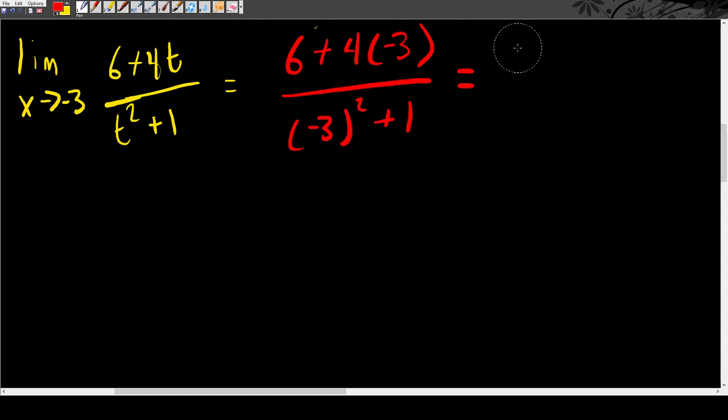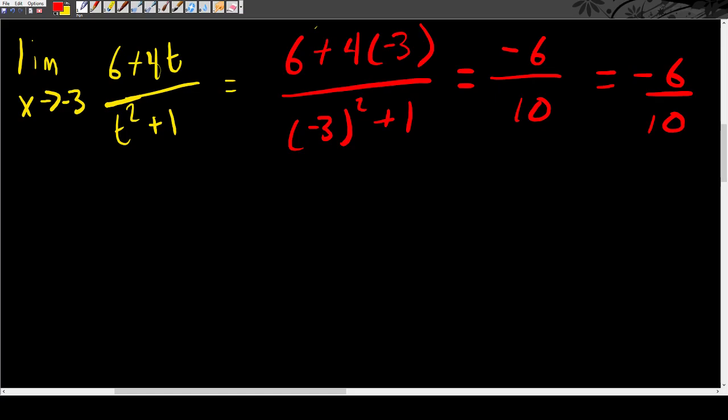So 6 plus -12 is -6. The square goes, so the bottom is 10, so it's -6 over 10. So that's essentially how you solve those sorts of problems.